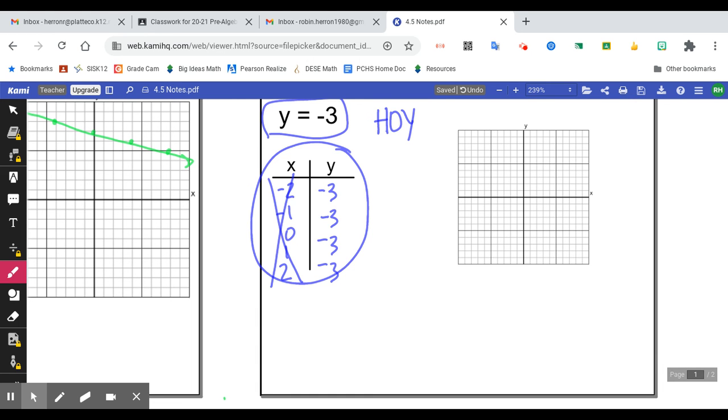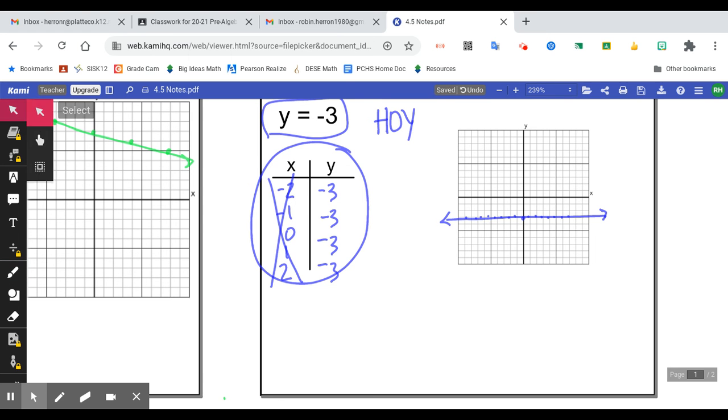So if I go on y and say negative 3, that's down here. And y negative 3 is all the way across here, right? If I'm always punching a negative 3, it just automatically makes its own line, which is a horizontal line for your hoy. And it's easy to see right there.